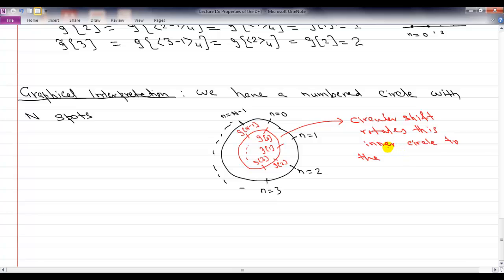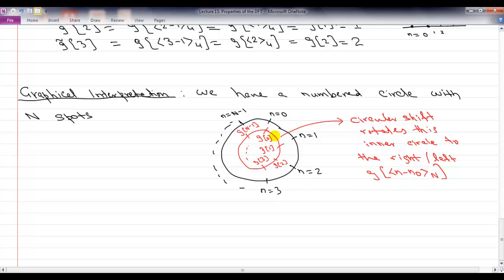To the right or clockwise, or left. If we are given, for example, g of n minus n naught mod N, then you just rotate this by that amount.